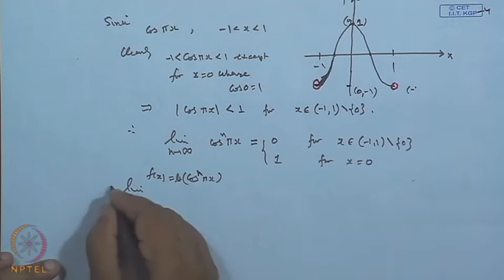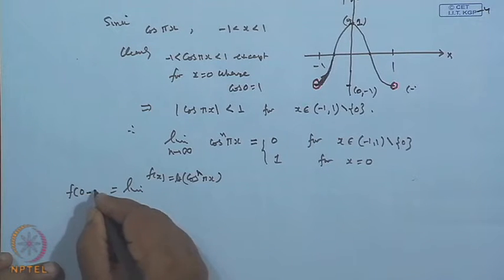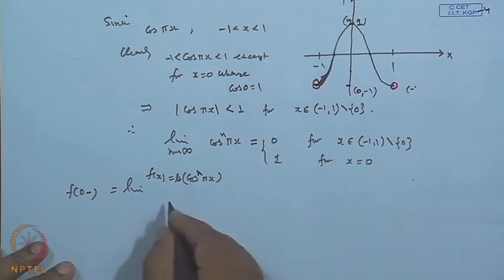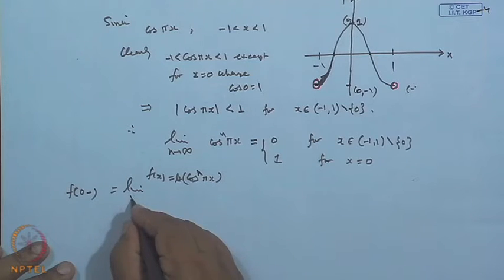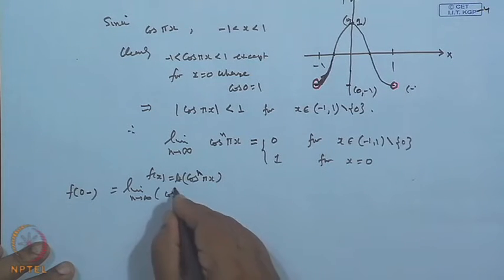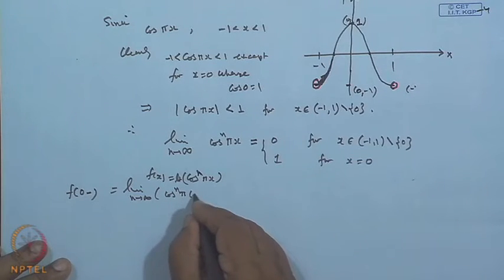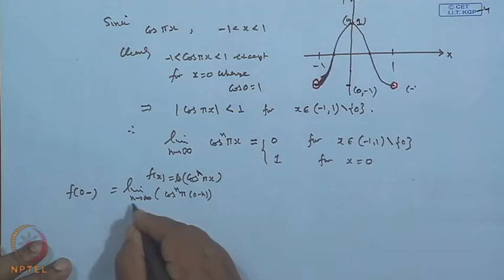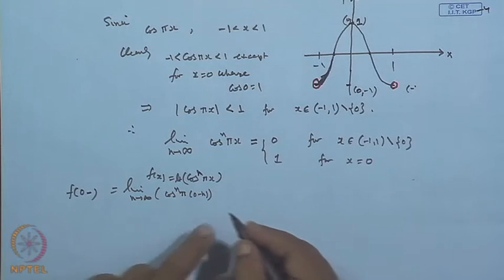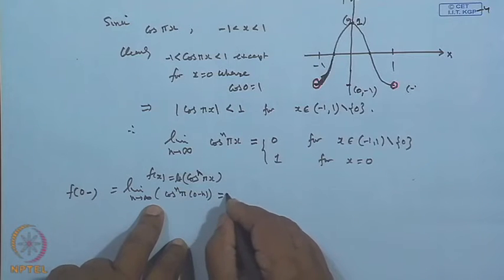So, when you take the left side point, it means the limit of cos^n(π(0 - h)). You just take 0 minus h, and this number will be less than 1 in mod. So, this will be 0.